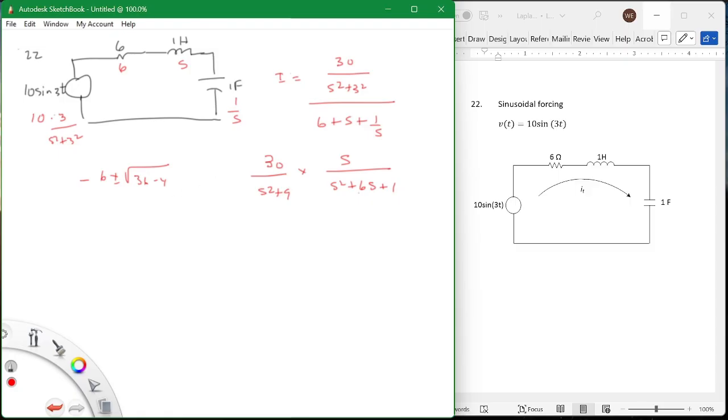So a is 1, c is 1. Minus 3 plus or minus what? 36 minus 4 is 32, so it's 4 square root of 2 under the root. You take it out. It's 4 square root of 2. Okay, so this is the same number that we had before. So s plus 3 plus 2 square root of 2 times s plus 3 minus 2 square root of 2 are my two factors.